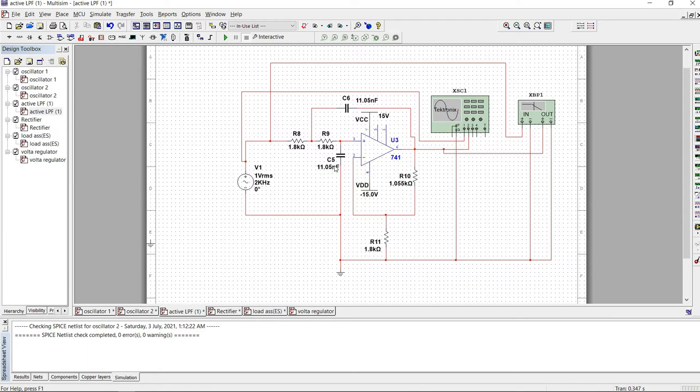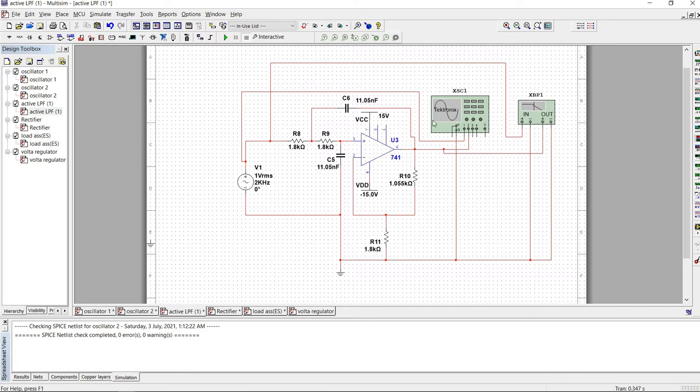On the circuit, I connect my resistor 8 and resistor in series, and my VCC is 15 volts, my VDD is negative 15 volts, and my capacitance 6 and capacitance 5 are the same value, which is 11.05 nF.